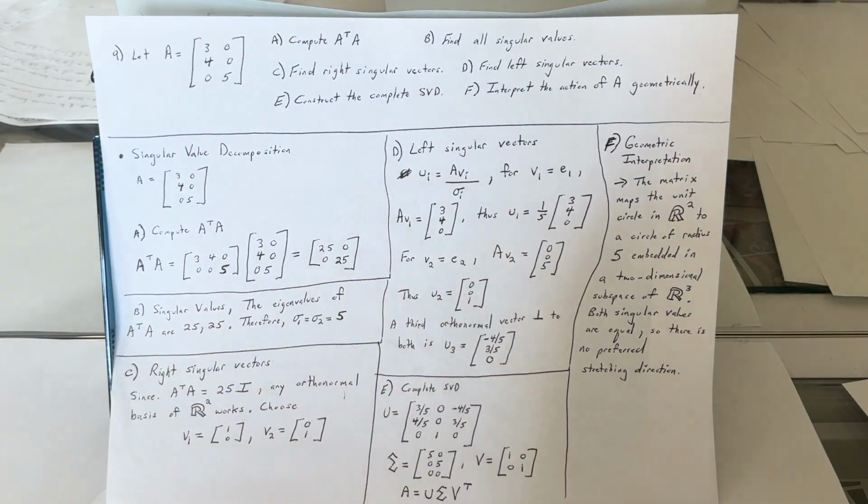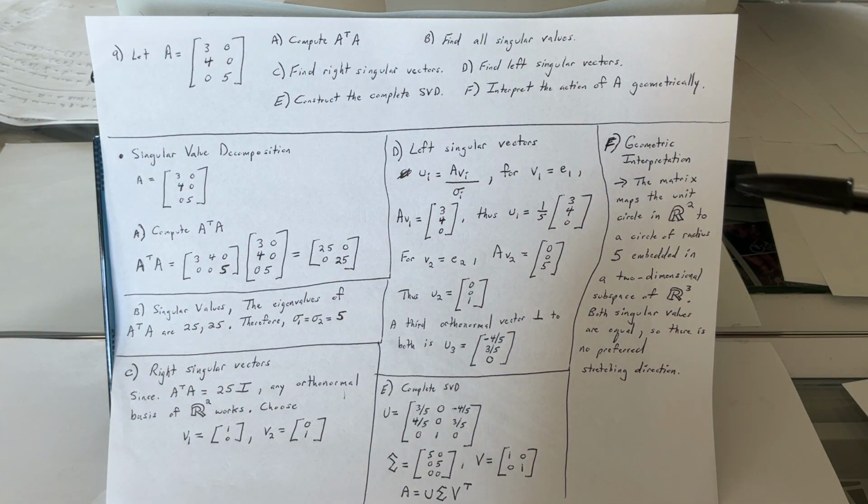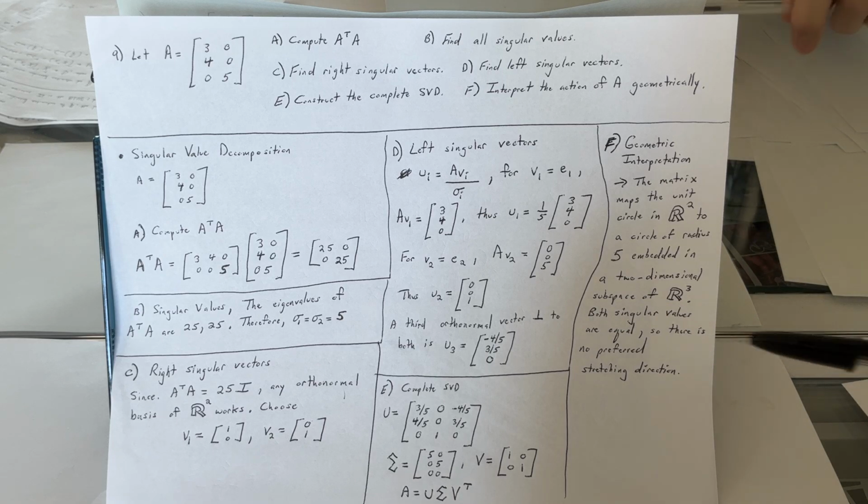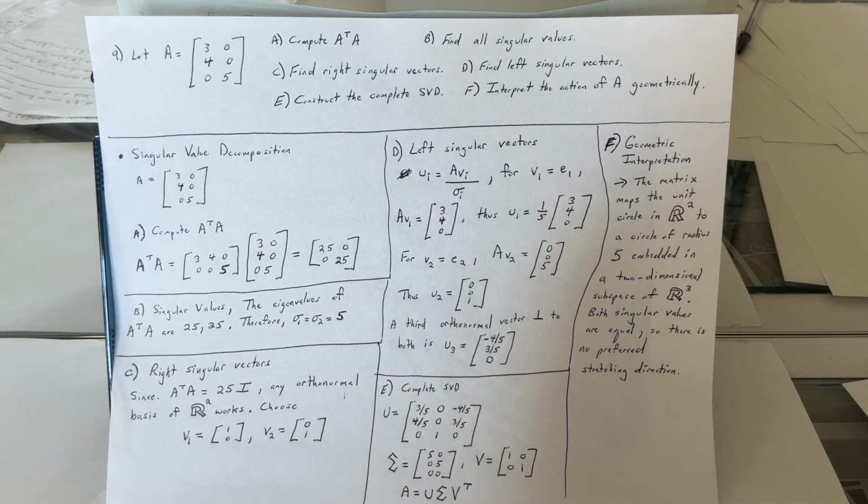Sorry about that. And for geometric interpretation, the matrix maps the unit circle in R² to a circle of radius 5 embedded in a two-dimensional subspace of R³. Both singular values are equal, so there is no preferred stretching direction. Okay, so that's number 9, and then moving along to number 10.